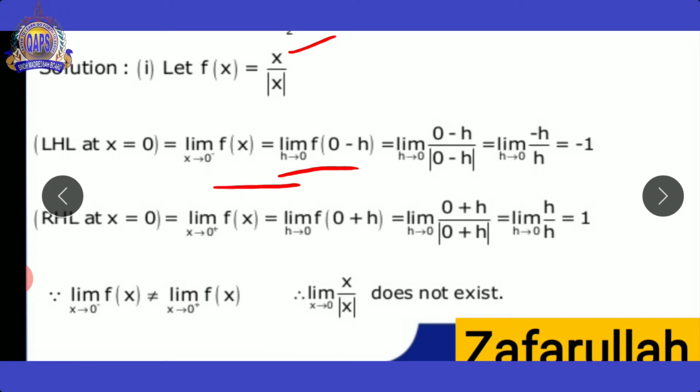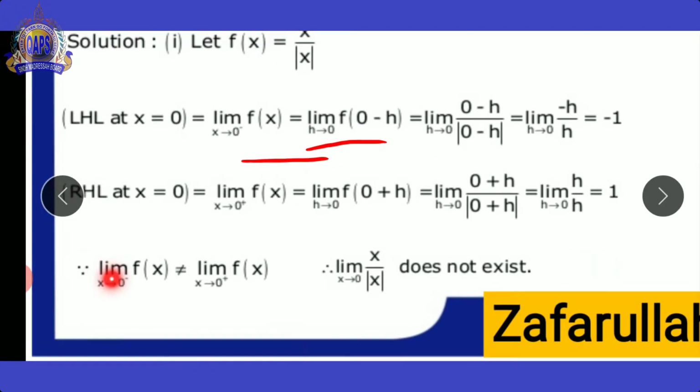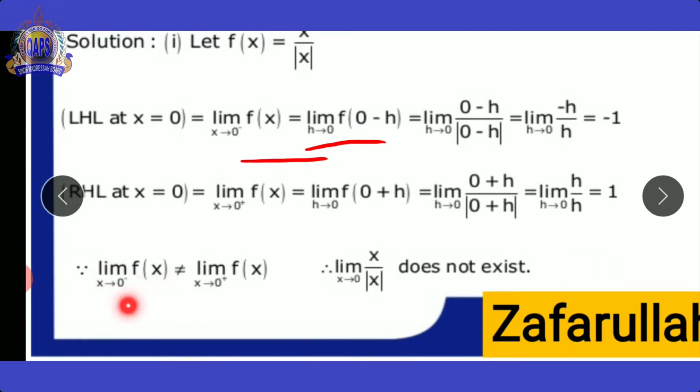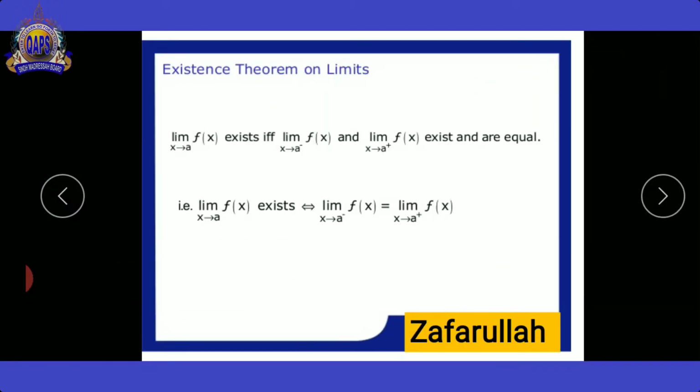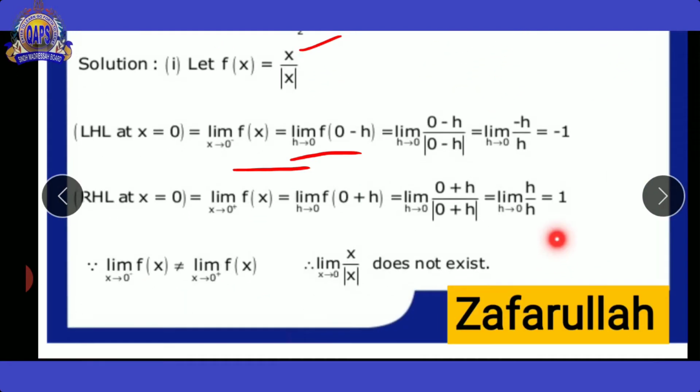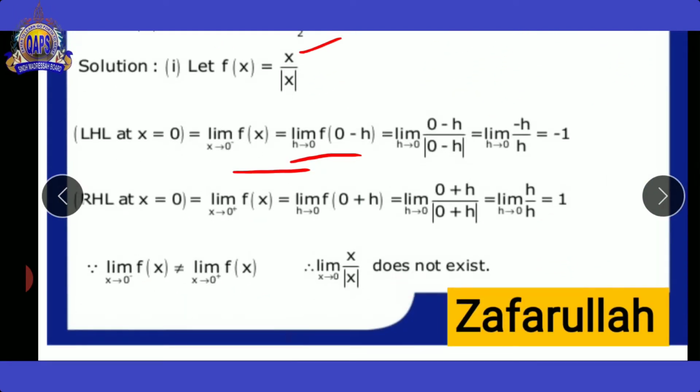So this given function's limit does not exist. This is the main theorem of the limit: when left hand and right hand limits are equal, then we say the limit exists.